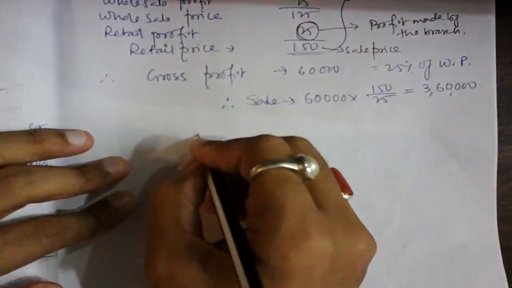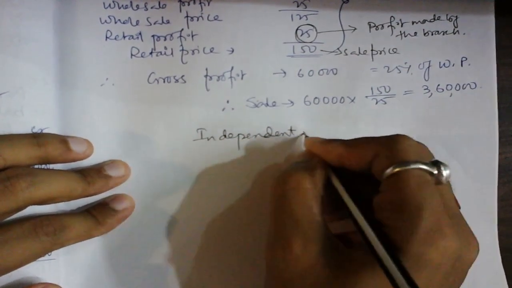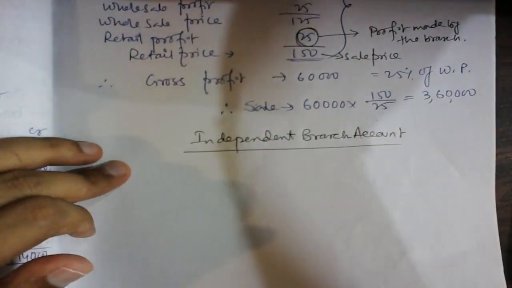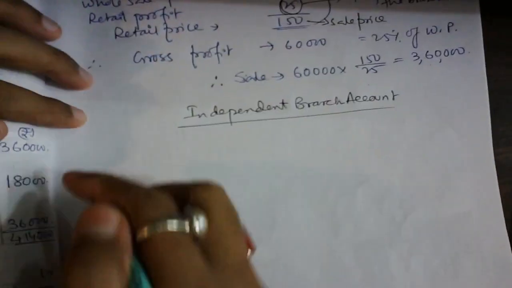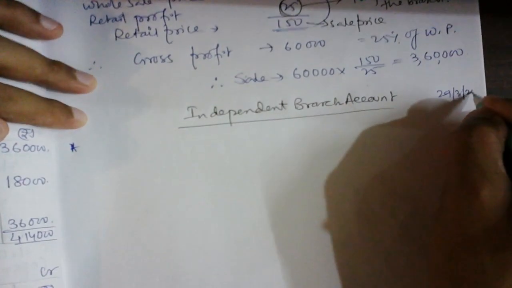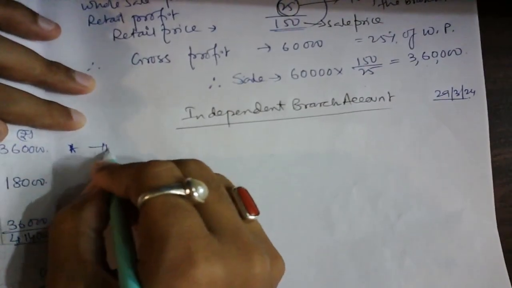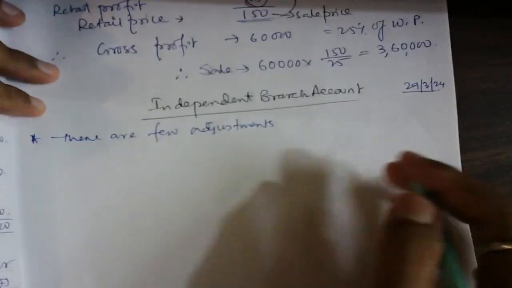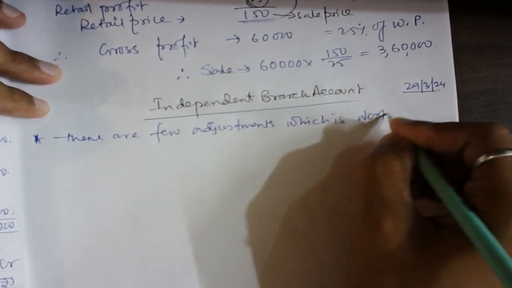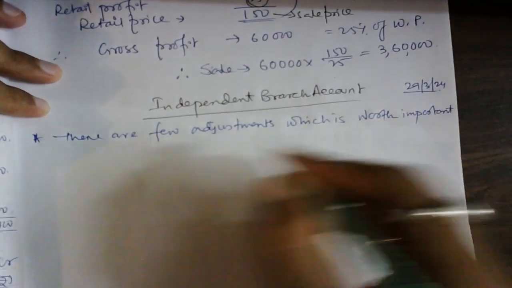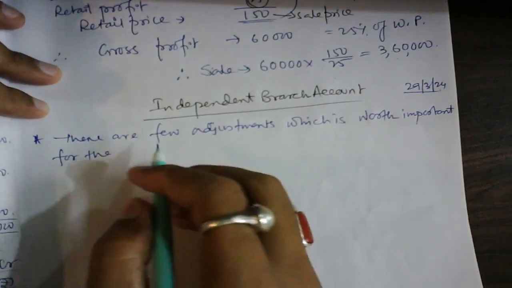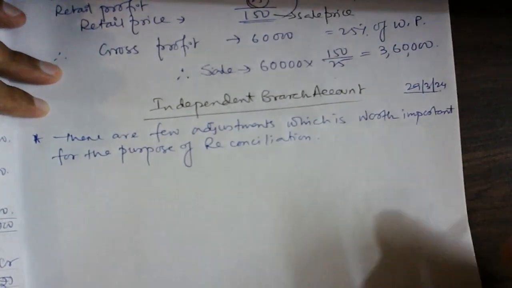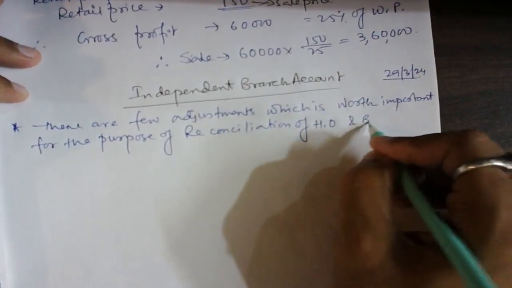Now let's see, please write. Now here you can write simply that there are few adjustments which are worth important for the purpose of reconciliation of HO and branch books.